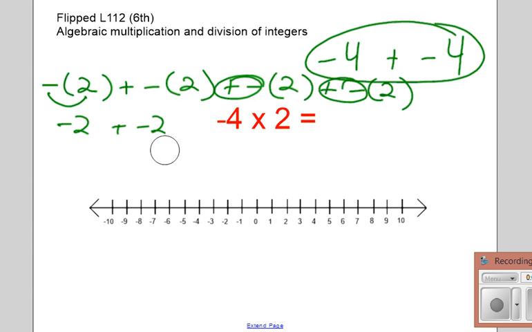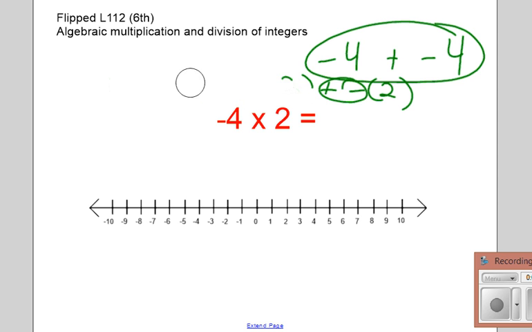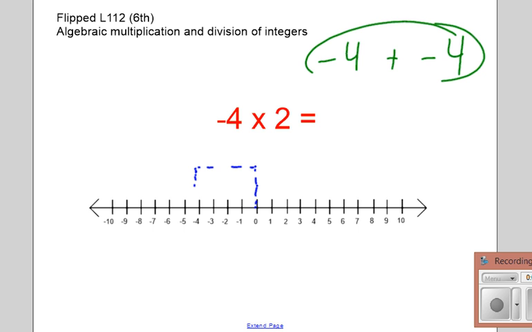If these ideas aren't making sense, then we can use a number line to help us see this picture. I'm going to go back to this picture, mostly because it's a little bit faster. I start with one group of -4. Here's my first group going to -4. But it says I have two groups, all right?